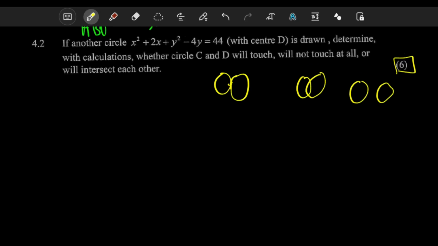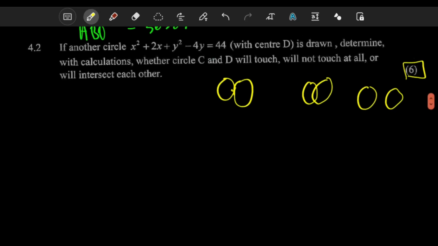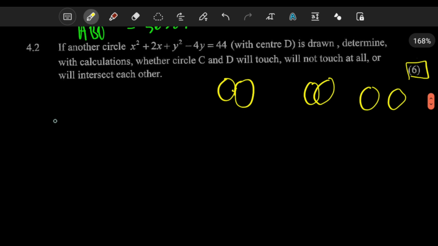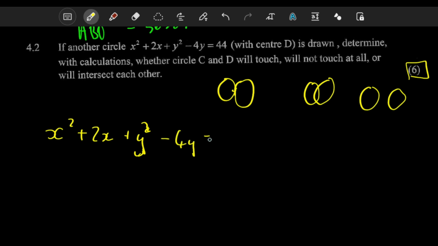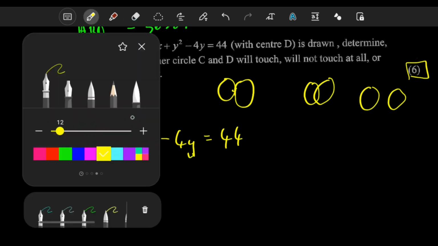But anyways, here you need to work with the radius of the two circles. To get the radius of this circle, all you have to do is put your circle into standard form. If you're still struggling with that, this is another chance to see what you can do. The first thing is that the ones with x go together, and the ones with y go together.